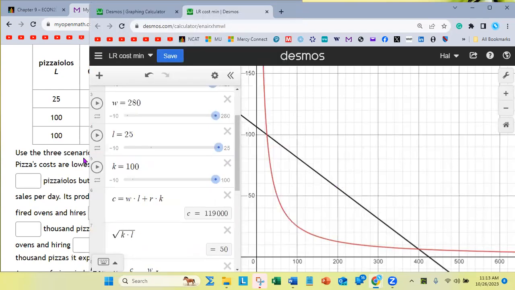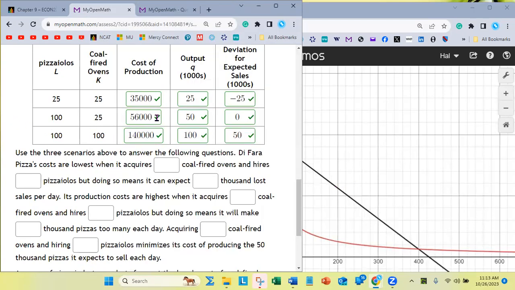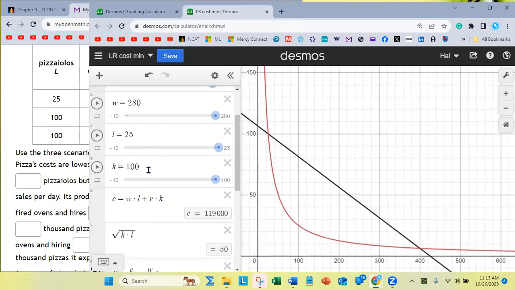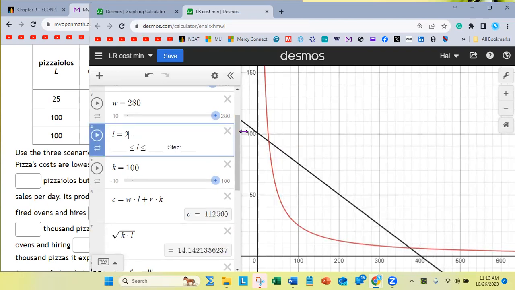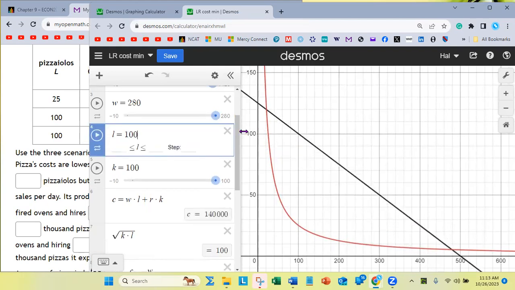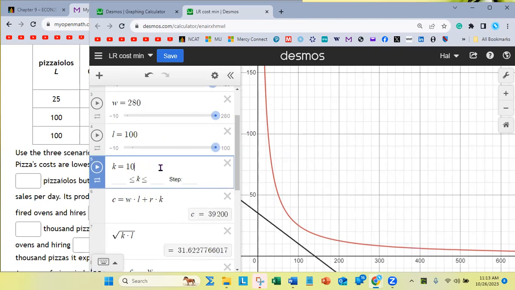Okay, so using the three scenarios, let me go back to the situation where our costs are minimized. We're going to hire 100 pizza chefs, and we're going to vary the ovens. If we only have 20 ovens, we're not able to make the 50,000 per day. If we go to 22, we're getting close, but we're only producing 46,904 pizzas a day.